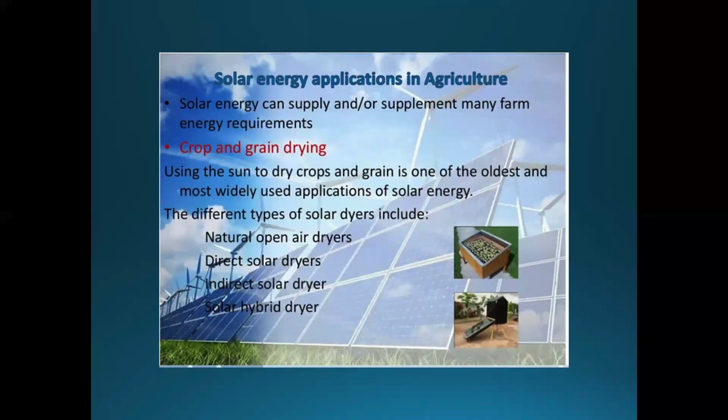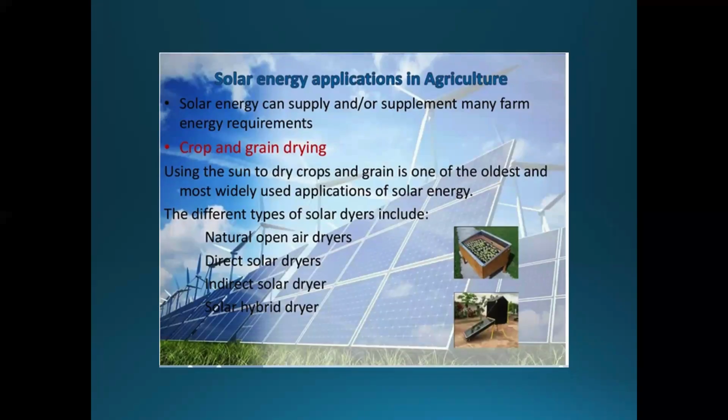Then applications of solar energy in agriculture. Solar energy can supply or supplement many energy requirements. As we have already spoken, solar energy can very well be used for drying purposes. There are many solar dryers. Usually in our home, we'll be observing that the vegetables, for pickles and all, we'll cut and simply spread on the rooftop so that it grabs the solar energy and the material gets dried.